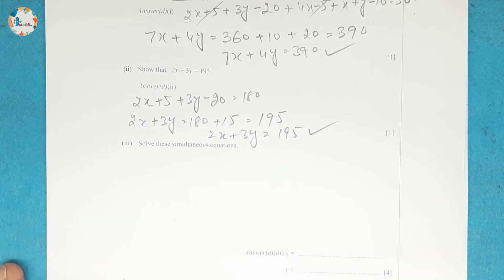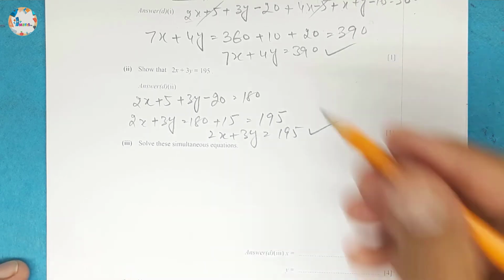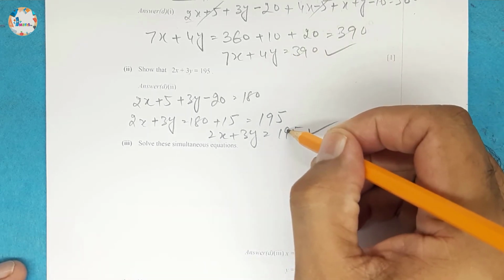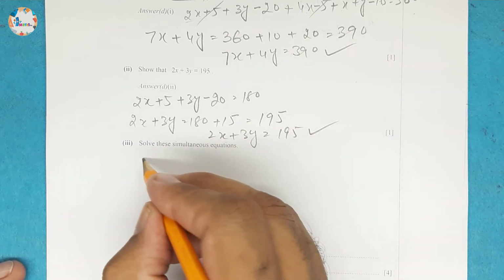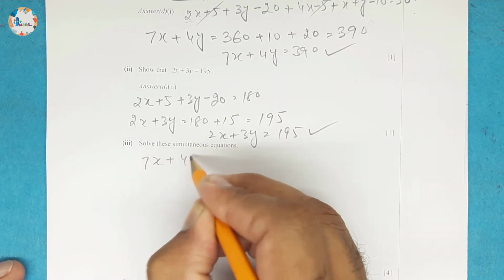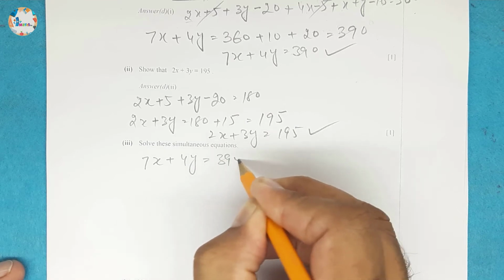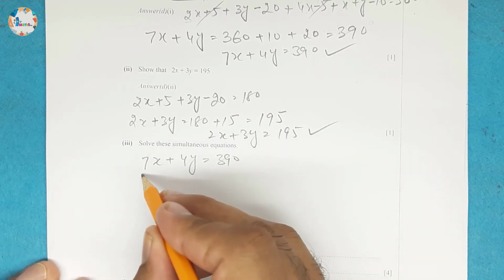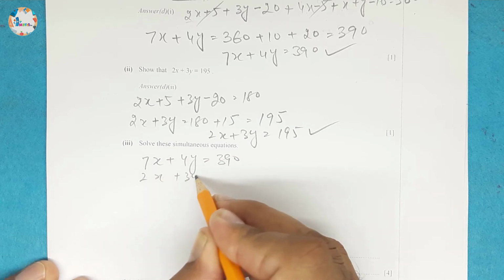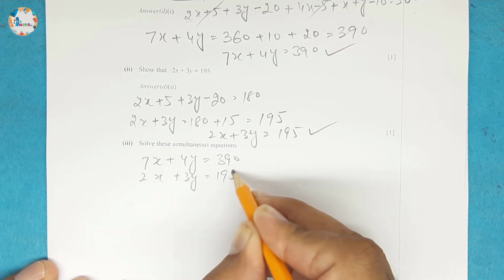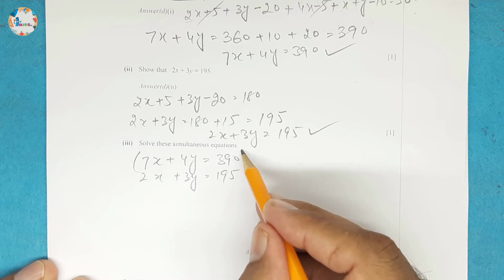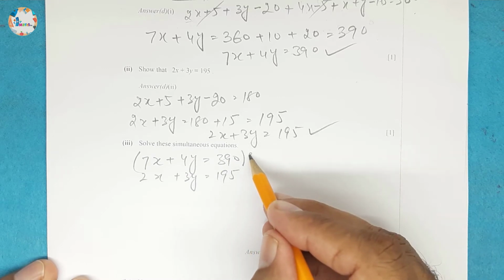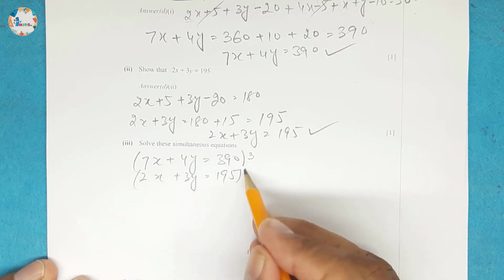Solve these simultaneous equations. One equation is this one, the second is this one. 7x plus 4y is equal to 390, and the second equation is 2x plus 3y is equal to 195. So we can multiply the first equation by 3 and the second equation by 4.